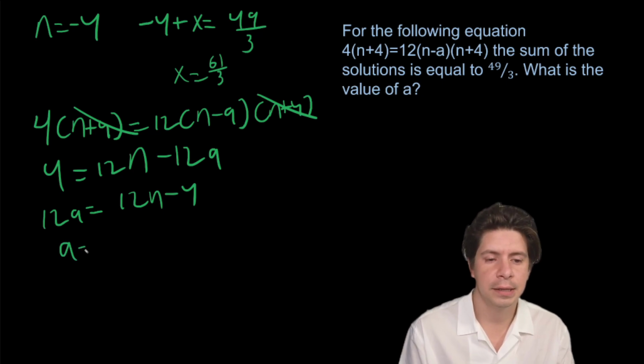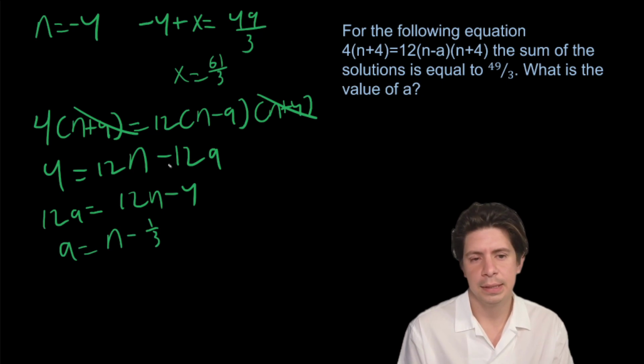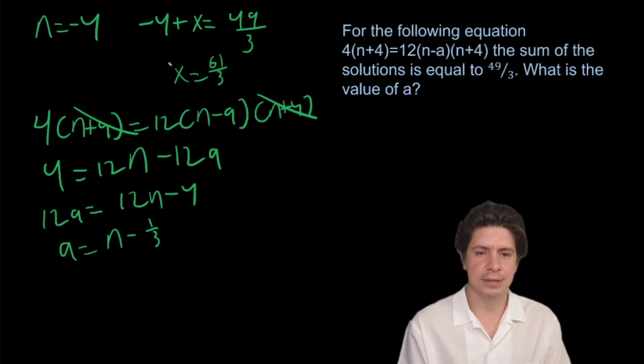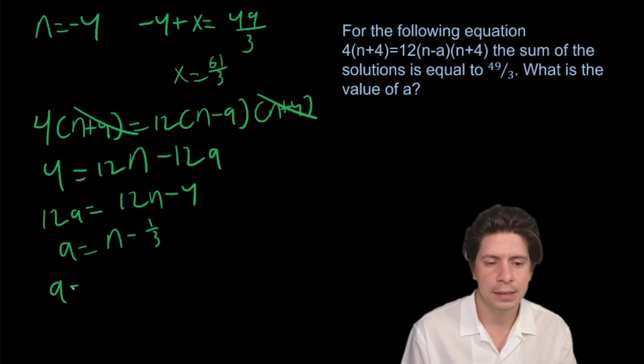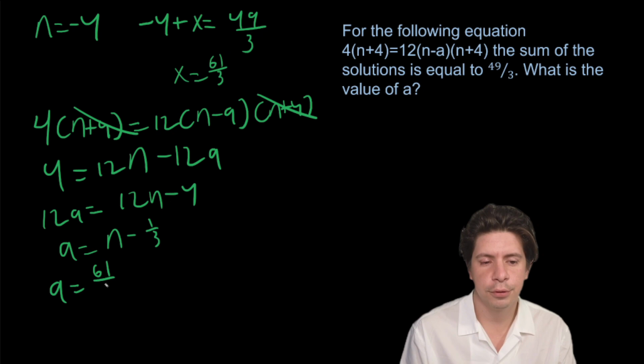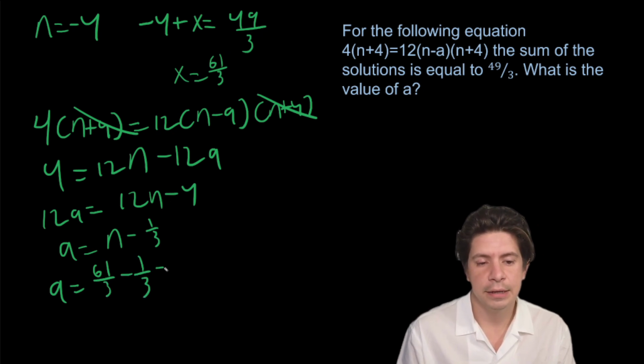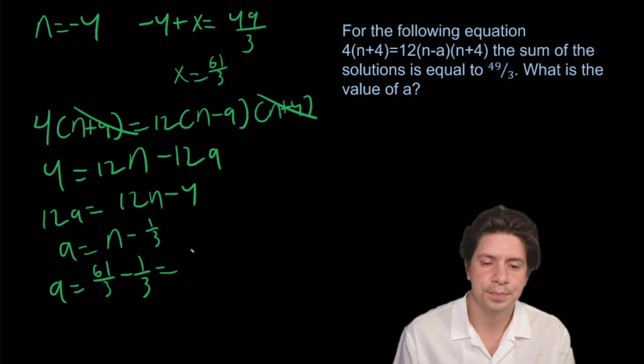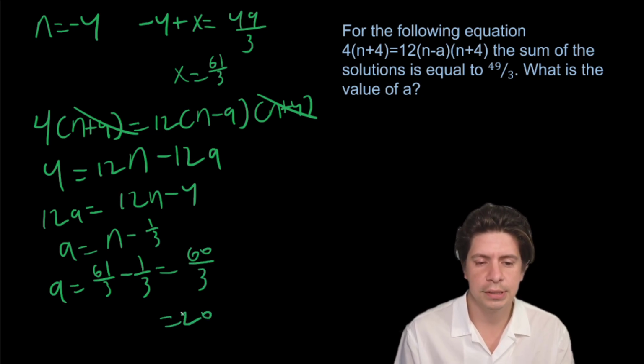So a equals n minus a third. And now let's plug in that solution of 61 over 3. So a equals 61 over 3 minus 1/3. And you will get here 60 over 3, which equals 20.